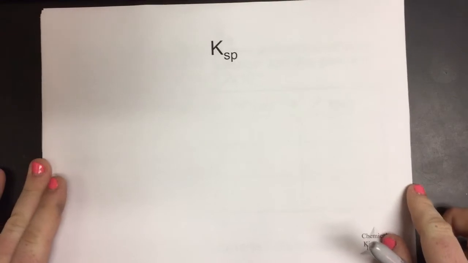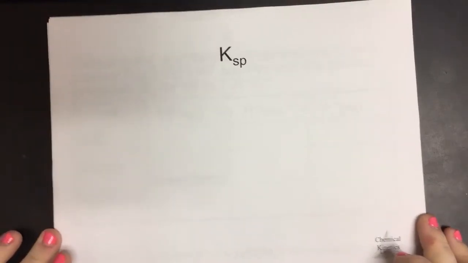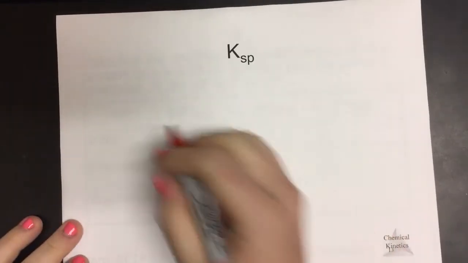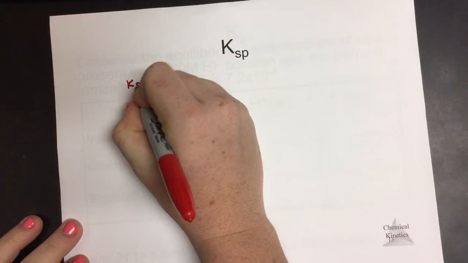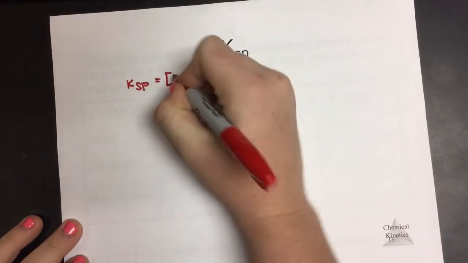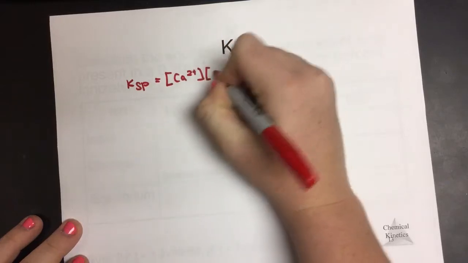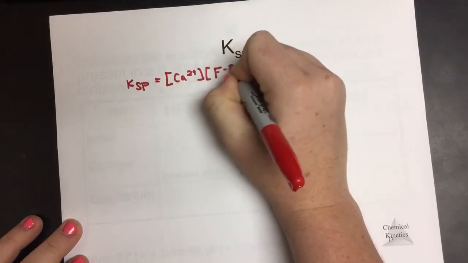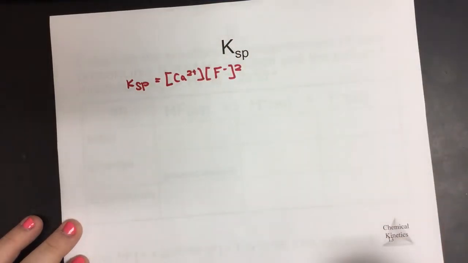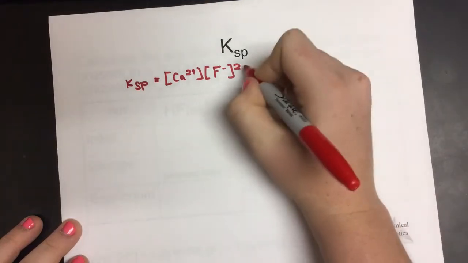So in order to do the KSP expression, it's going to be the same thing as KEQ that we saw on the first slide, but it's going to be KSP equals the concentration of Ca2 plus multiplied by the concentration of F minus squared, because again we take into account the stoichiometric coefficients.